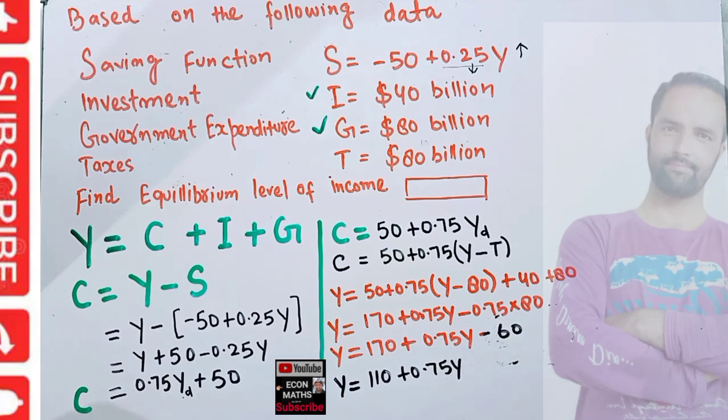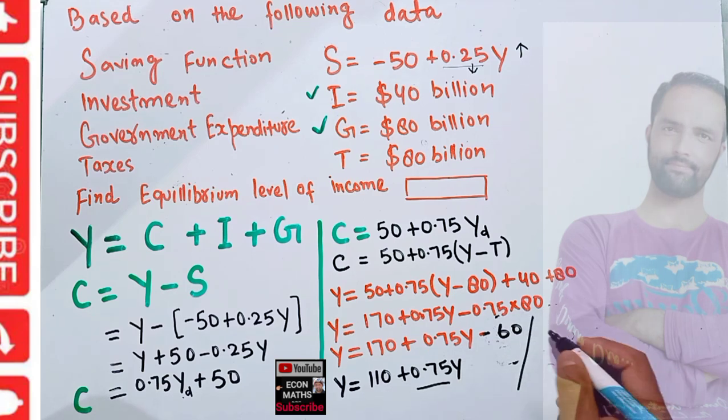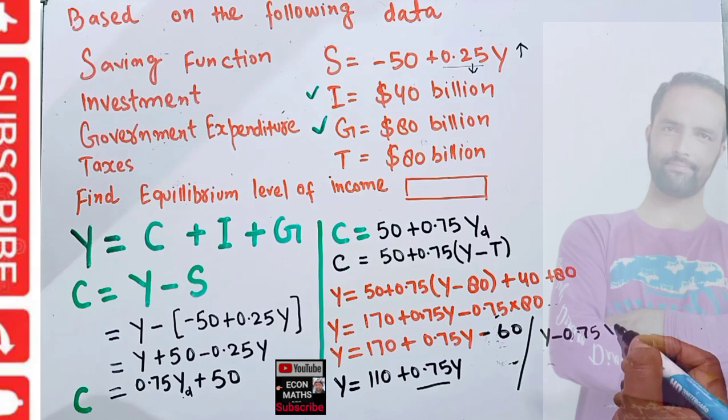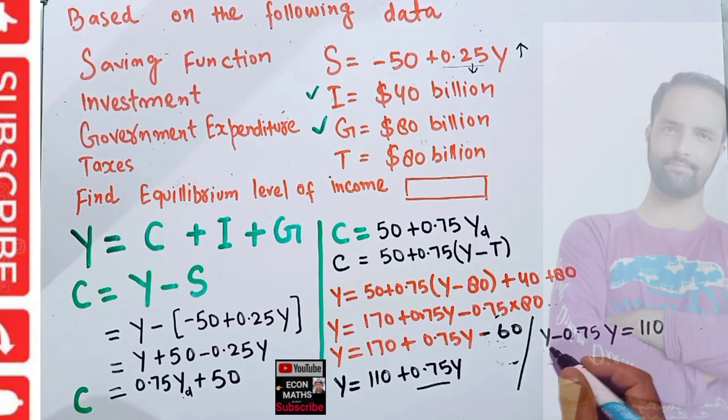Okay, this means if I transpose this here, so this will become y minus 0.75 y is equal to 110. So subtracting 0.75 from y, we will get 0.25y is equal to 110, which gives us y is equal to 110 upon 0.25, and 0.25 can be written as 25 upon 100.